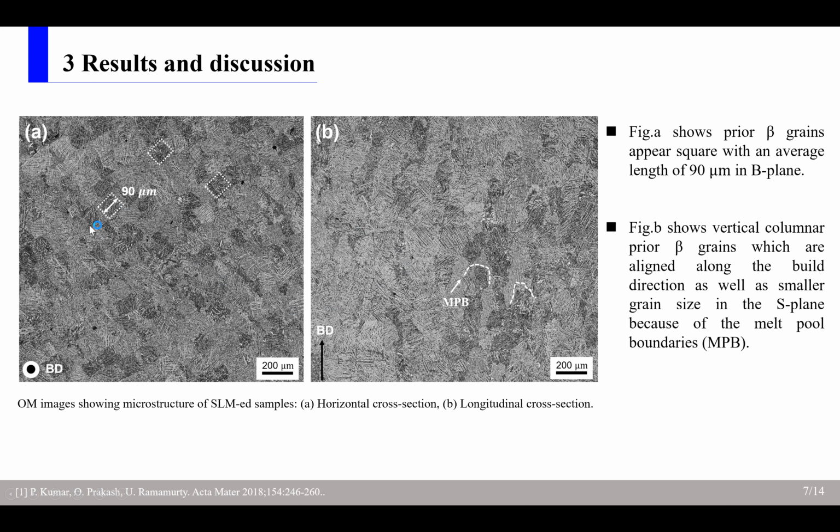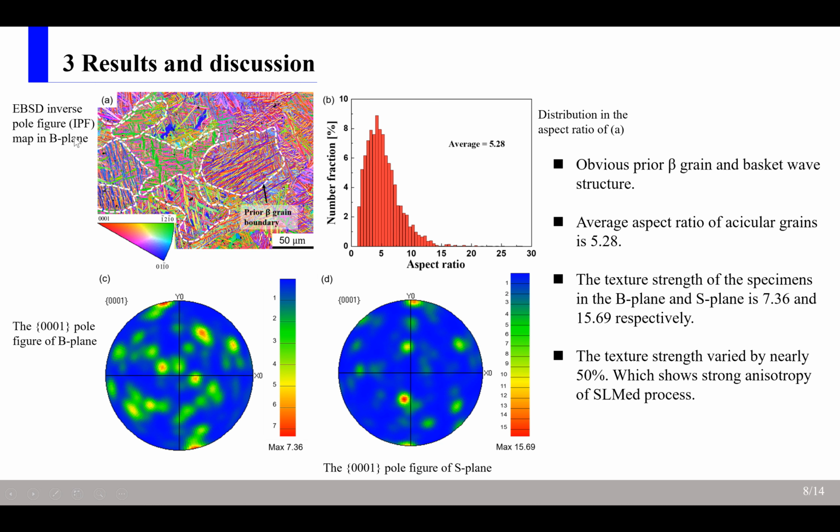Figure A shows prior beta grains appear square with an average length of 90 microns in the B plane. Figure B shows vertical columnar grains aligned along the build direction, with a smaller grain size in the S plane, because of the multiple melt pool boundaries. The inverse pole figure of sample B in figure A shows the prior beta grains and the basket weave structure.